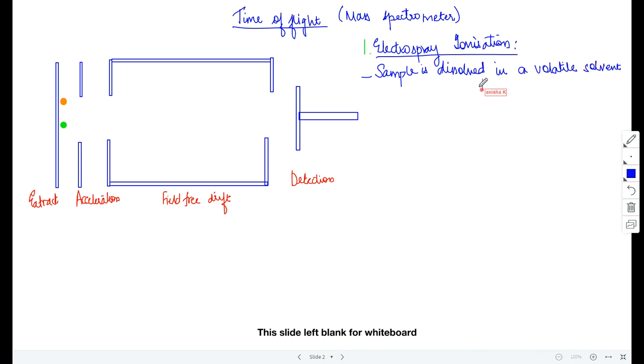And later they are injected through a fine hole needle at a very high pressure. So there is a fine hole needle over here, and through that they are being injected at a very high pressure.